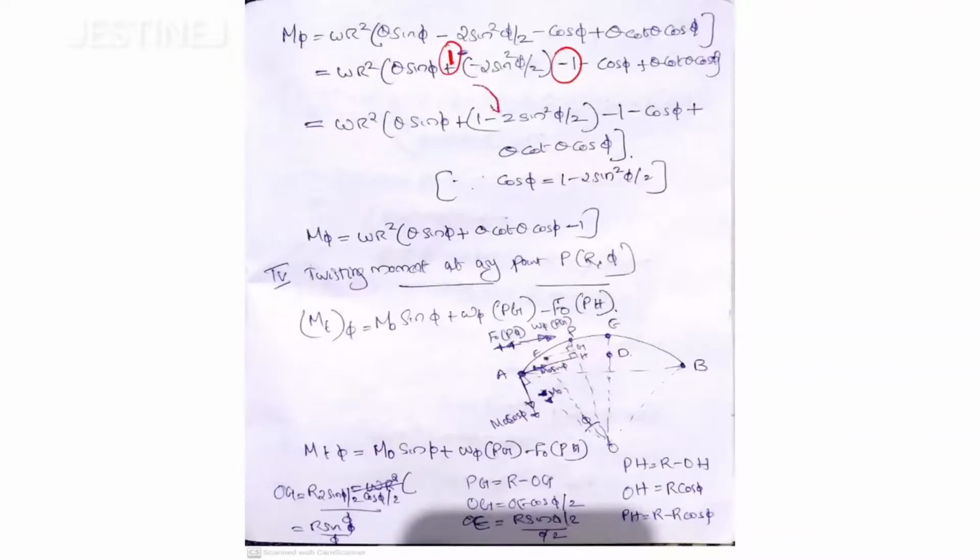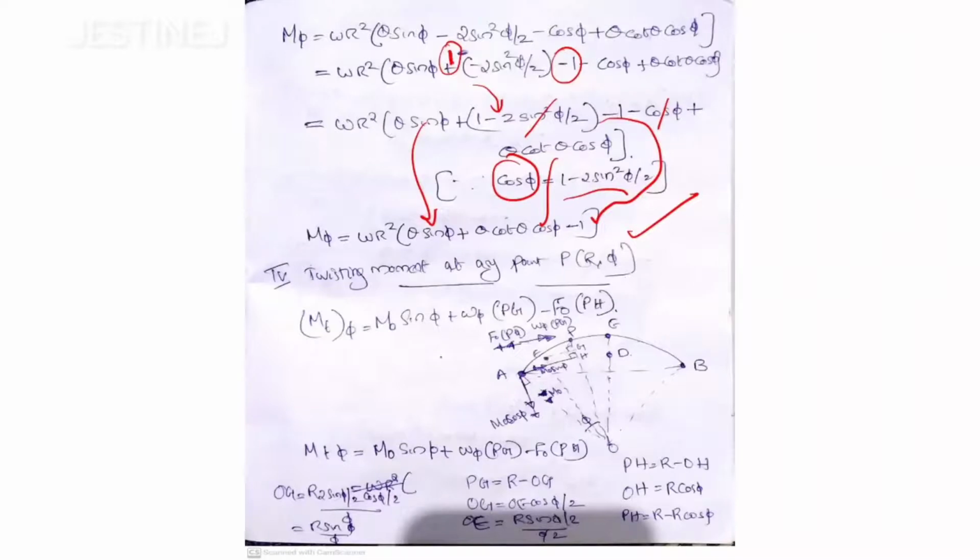If you combine those terms, you can write cos phi equals 1 minus 2 sin squared (phi/2), such that those terms will be cancelled out. Finally you will get this equation, that is theta sin phi here, and theta cot theta cos phi, and this remaining minus 1 here. So this will be your final bending moment equation.